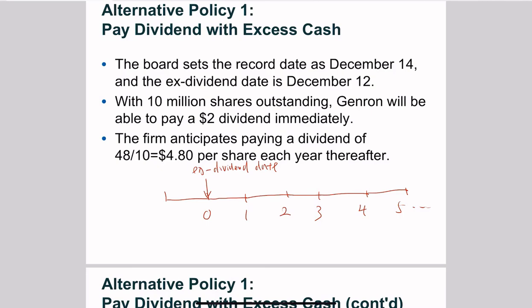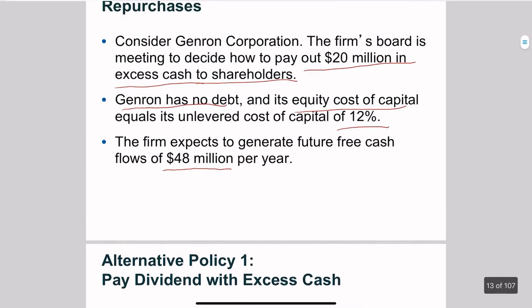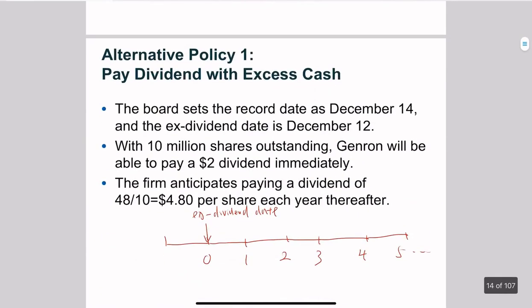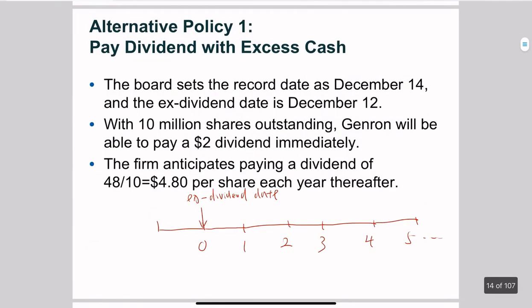We understand the firm will generate $48 million per year, and the firm has 10 million shares, right? So you can see that in the future, every year, the dividend would be equal to 48 divided by 10, forever.